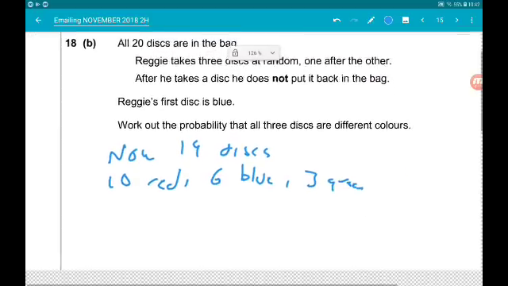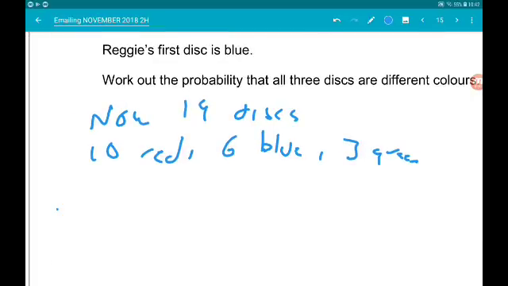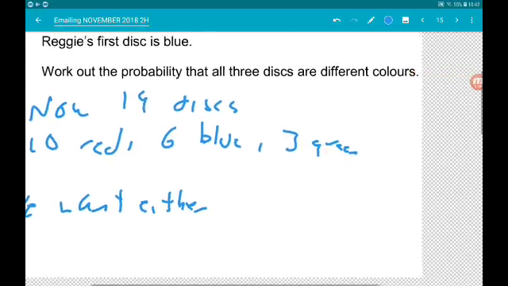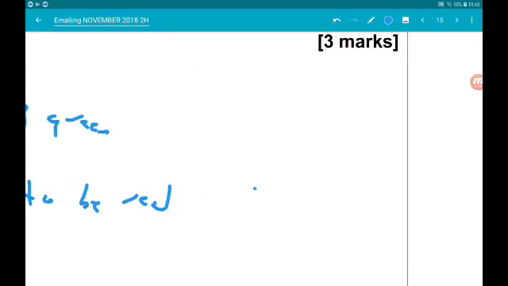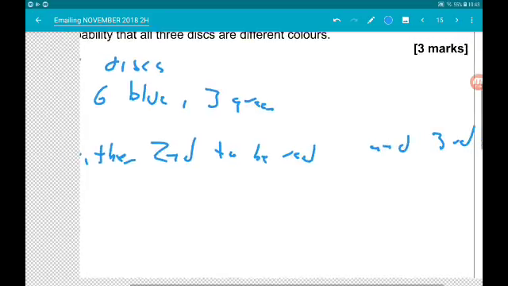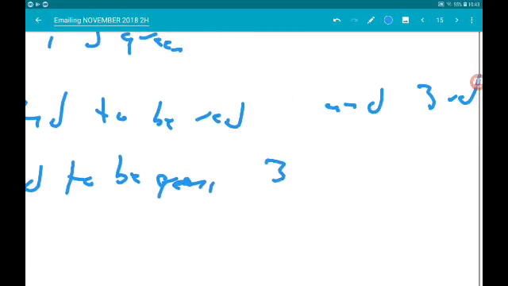Now then, we want all 3 discs to be different colours, so we want the second to be red and third green, or second to be green and third to be red.